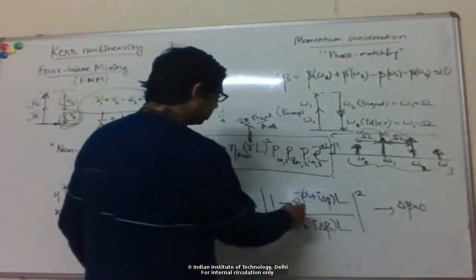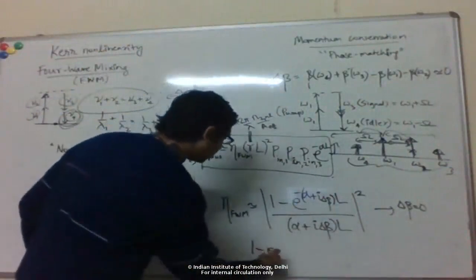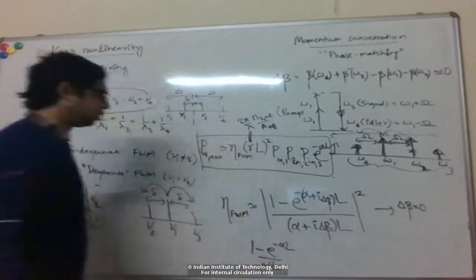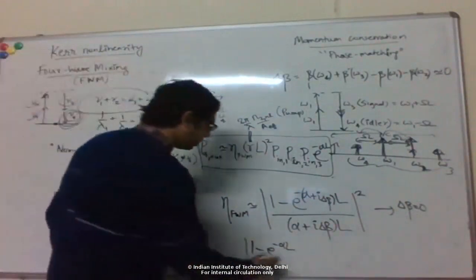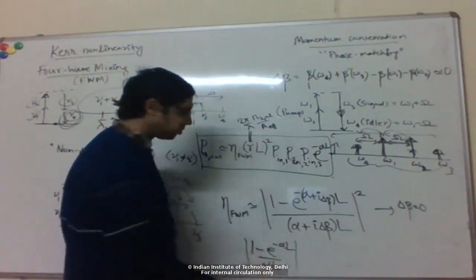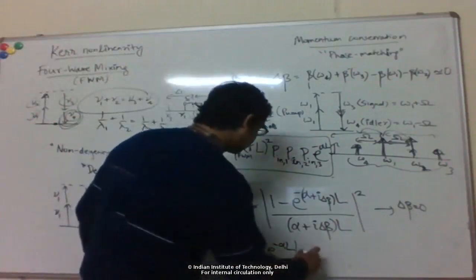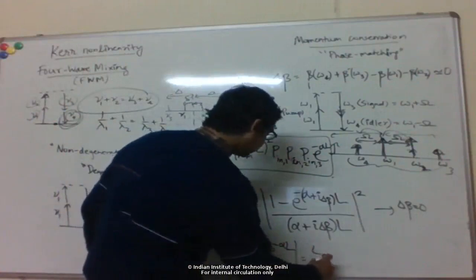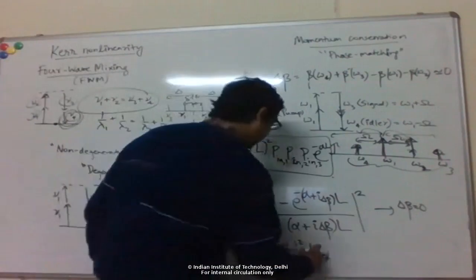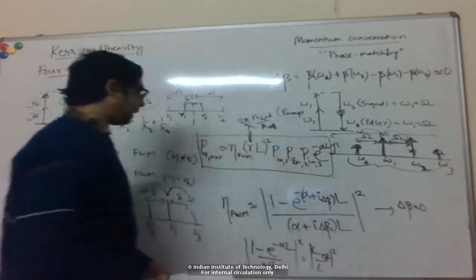then this basically is 1 minus e to the minus alpha L by alpha L, right? So this reminds you of something. What is 1 minus e to the minus alpha L by alpha? That is L effective. So that's just L effective by L. It's mod square, so we get the square.